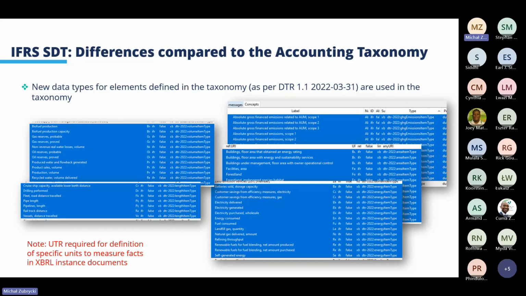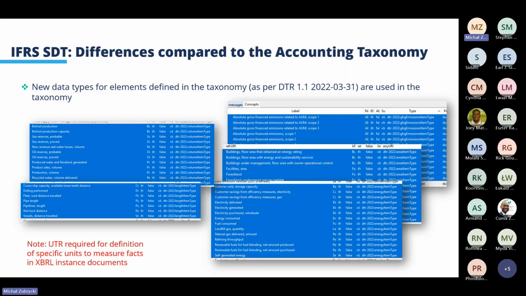But there are quite a few different measures, if we can call them that, to provide. Most of them, to be honest, are part of the industry metrics. The actual S1 and S2 standards, I think, only have a few elements defined as the GHG emission item type. Most of these types are, to be honest, a decimal value.